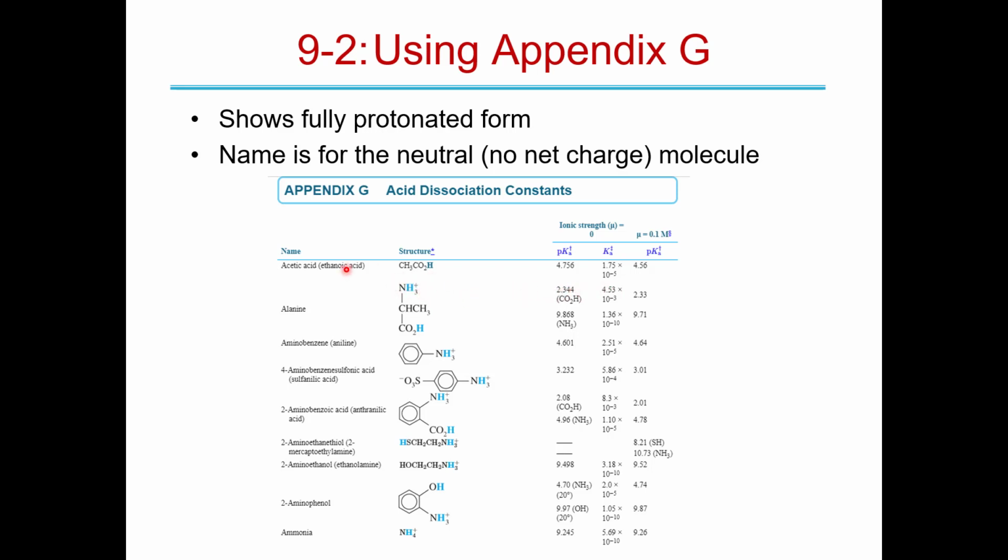This first proton, the ammonium proton, has a Ka of 4.53 times 10 to the negative third. It is the stronger acid compared to this one. The carboxylic acid down here, this H+, has a Ka value of 1.36 times 10 to the negative 10th. So it comes off less easily than this first proton does. So for polyprotic acids, you'll always have multiple Ka values that you can look up here.